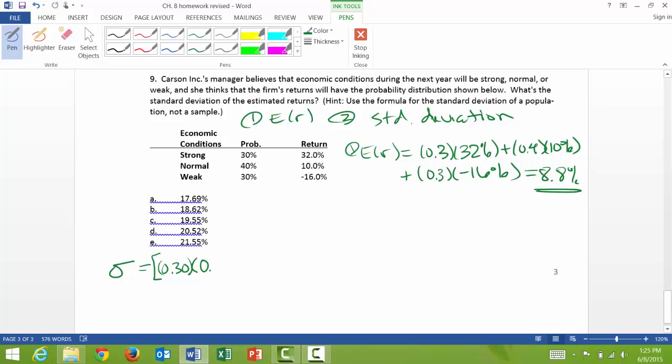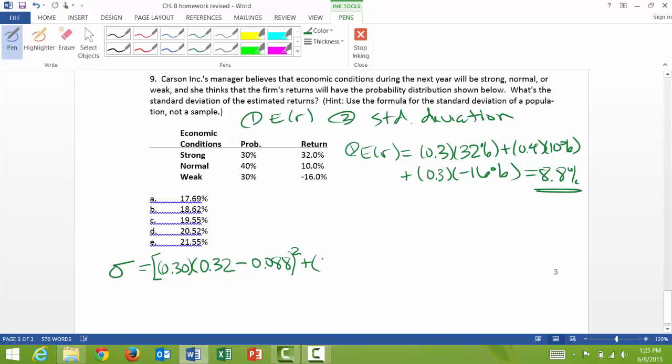Take the first return of 32%, put it in decimal form, subtract out the expected return, and square that difference, and it gets multiplied times the probability.